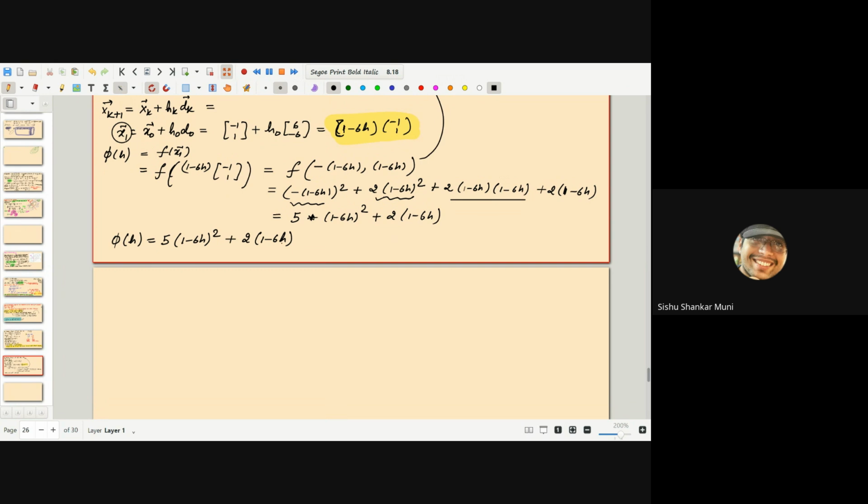Now we have to minimize phi of h. So what should we do? Take the derivative of phi of h and set it to 0 to get the optimum h. If you set the derivative to 0, can you tell me what value you are getting? Phi prime of h is nothing but the derivative of this.